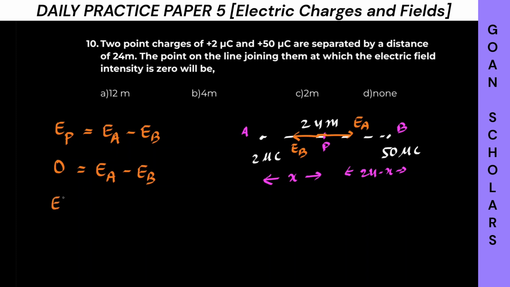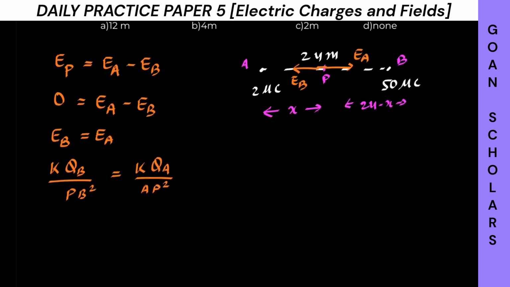Taking EB on the other side, it becomes EB equals EA. And what will be EB? K charge on B upon separation PB square. And EA is K charge on A upon PA square. Let's substitute the values. K cancels with K. The charge on B is 50 microcoulombs, PB is 24 minus x.